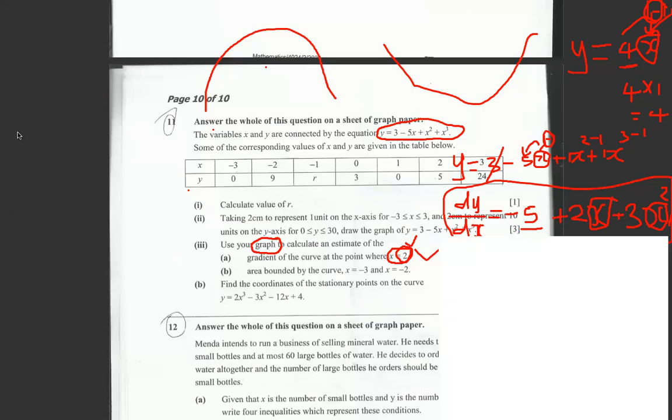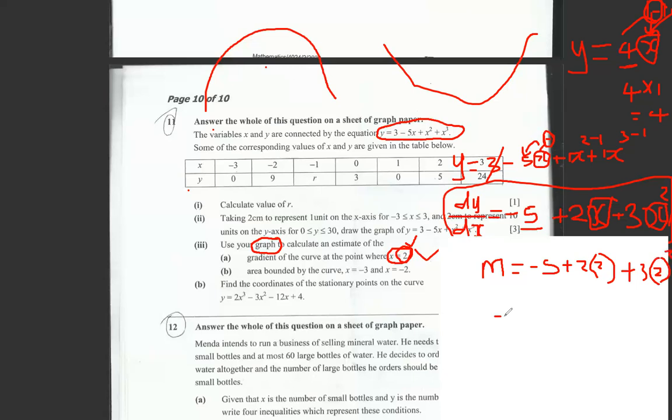Remember the gradient symbol is m, so we'll say m is equal to negative 5 plus this 2 multiplying an x, and our x is 2. The power is 1. Plus this 3 multiplying x, and our x is 2, which is being raised to power 2.